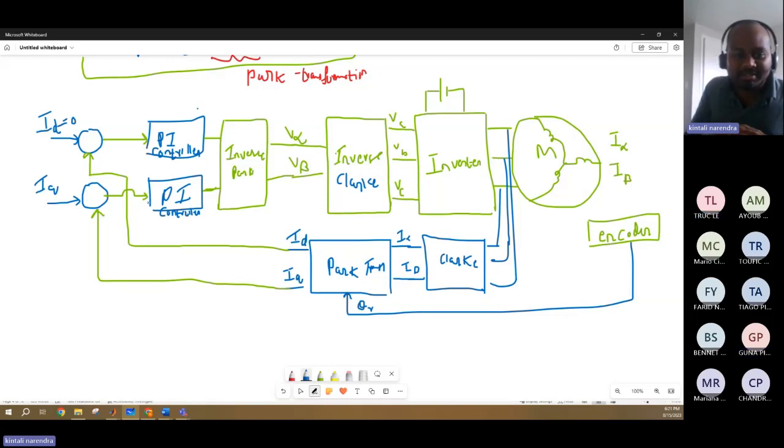See, a controller is not hardware. It is the logic which you develop, building a relationship between the desired and the measured. For example, there are two glasses here.